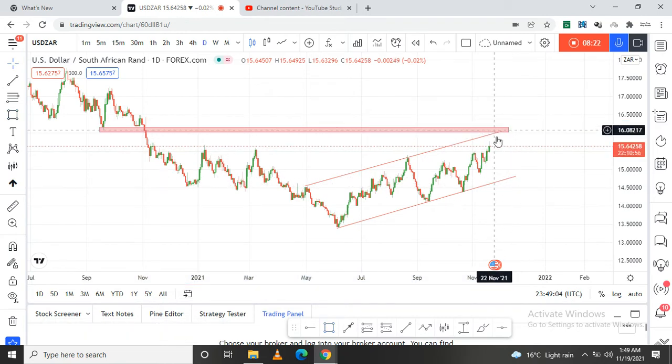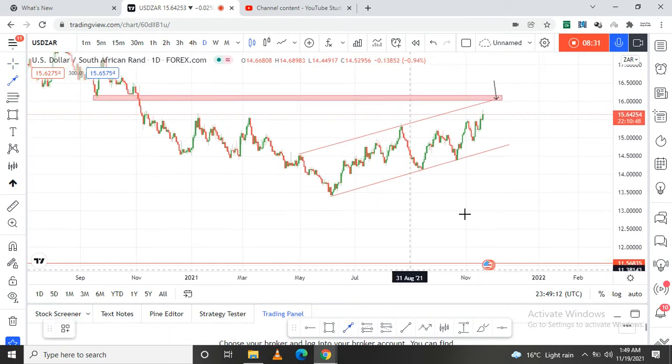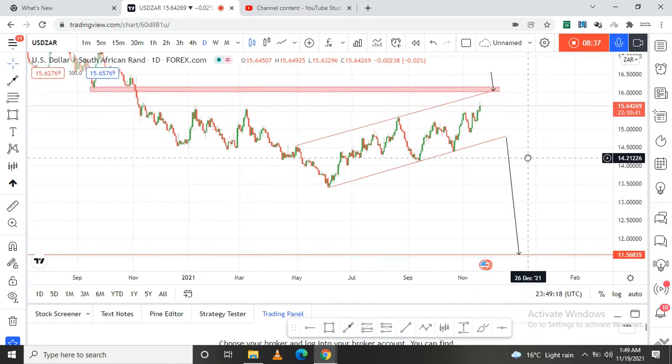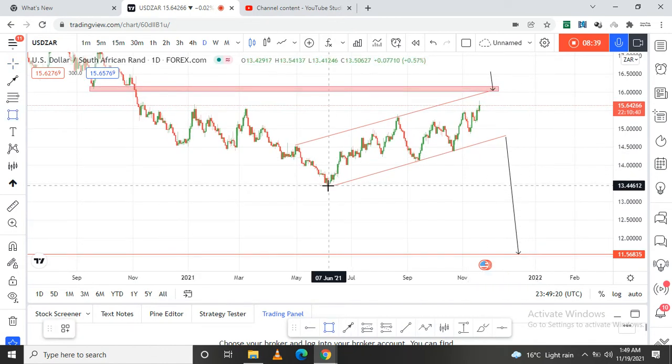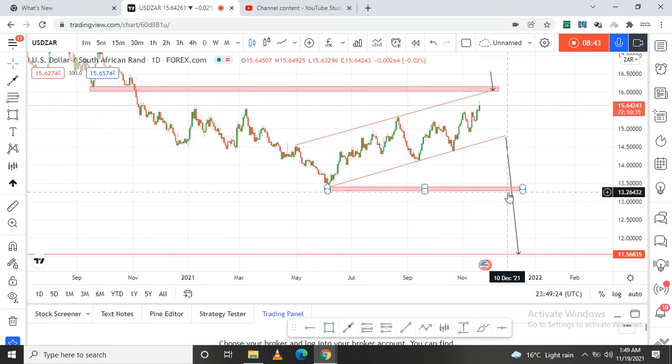So if price reaches that zone, this is your first entry point, and then your second entry point is going to come through the break of this supporting trend line, and then your first target is going to be here. So this is going to be your TP1, this is going to be your TP2.